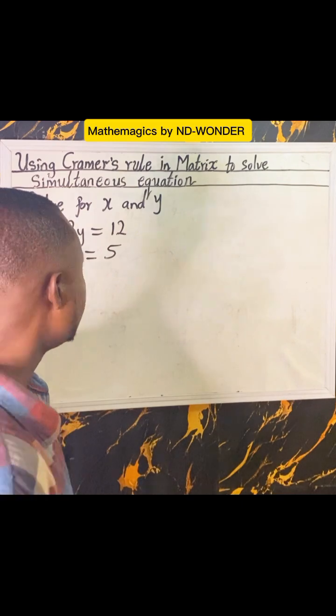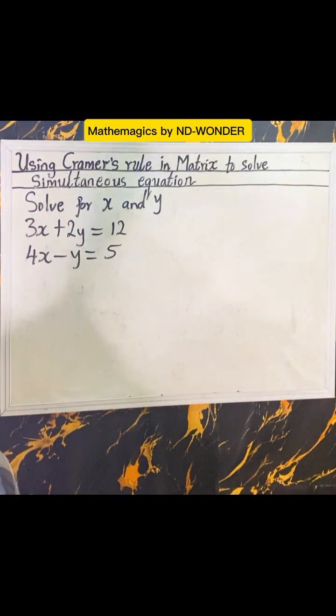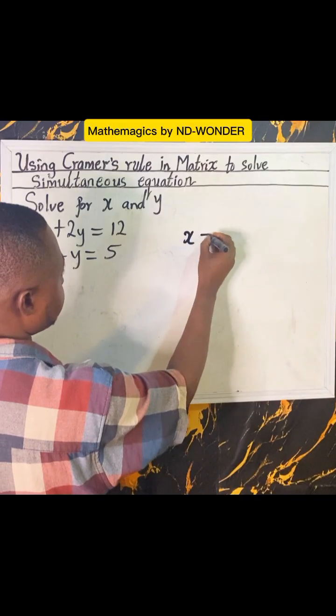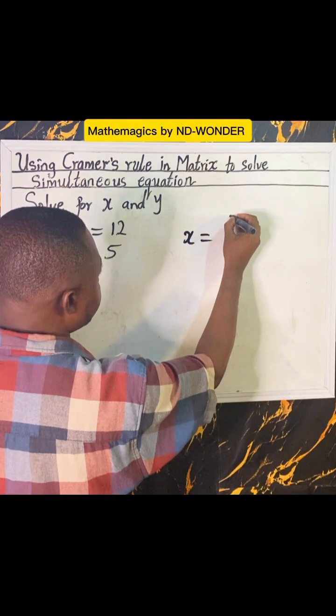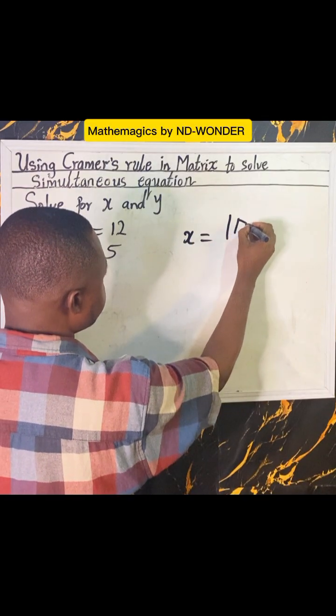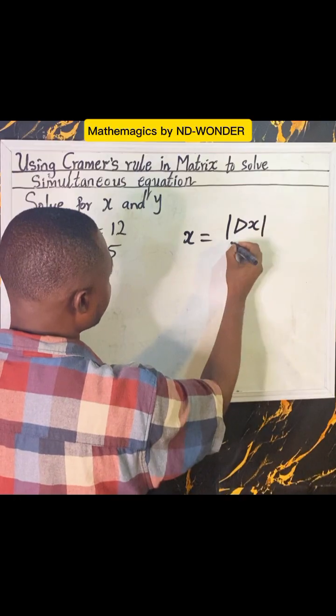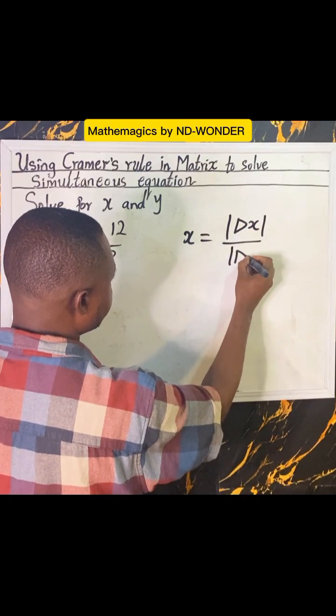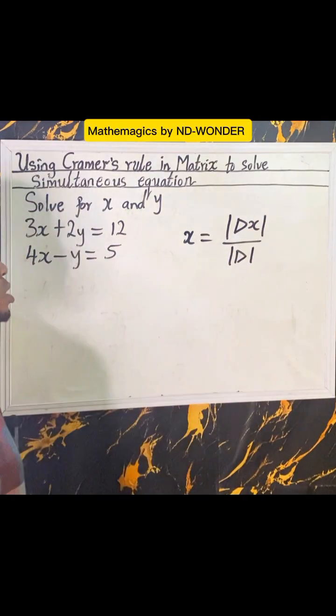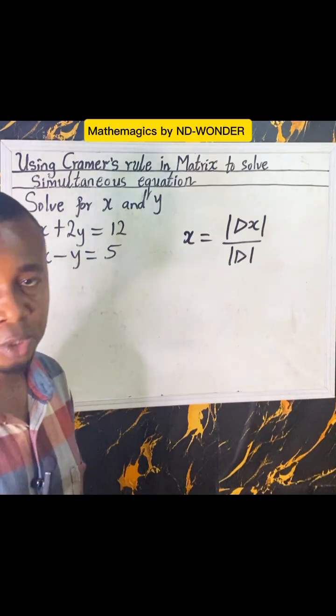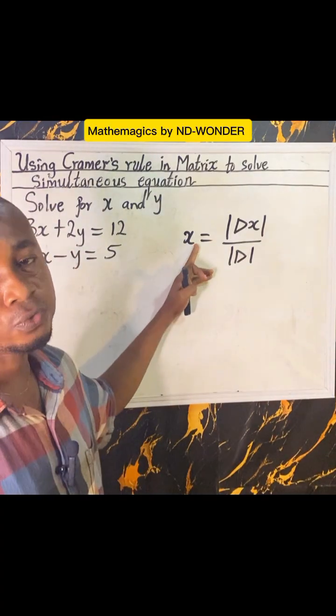Here we go. Remember, in Cramer's rule, we need to take note that x is equal to the determinant of change in x over the determinant of change. That is what Cramer's rule gives us for the value of x.